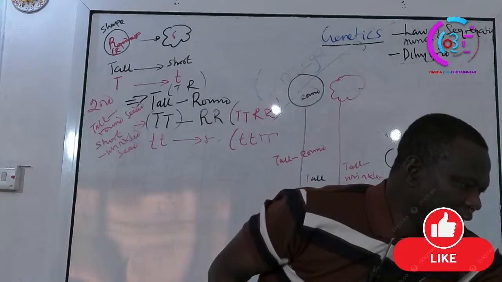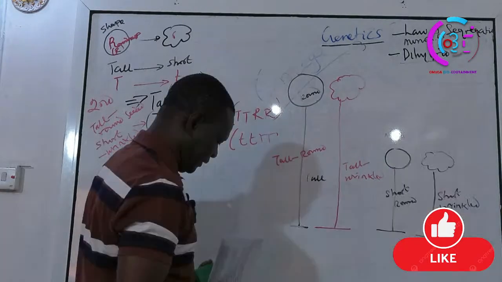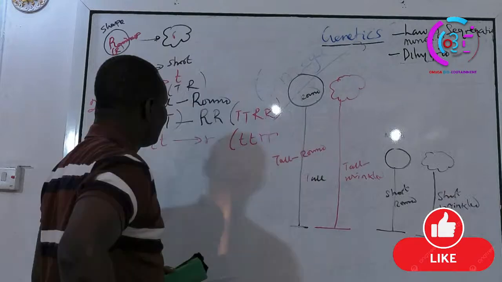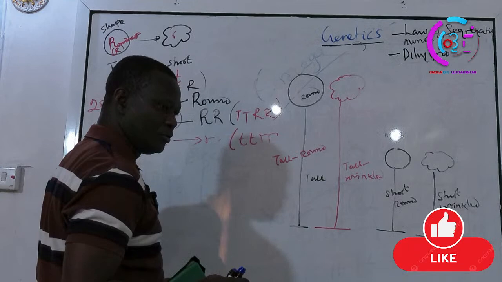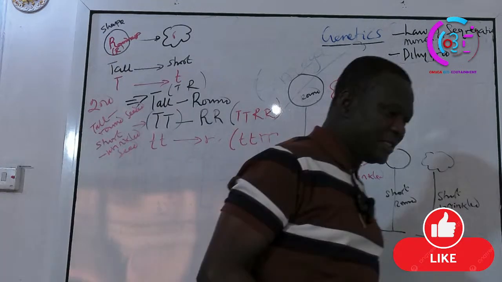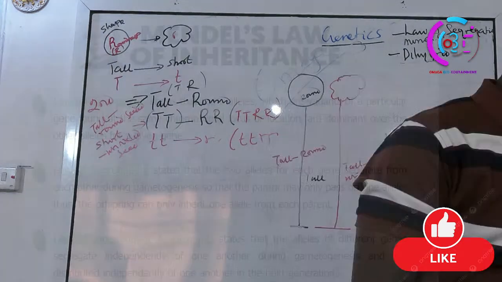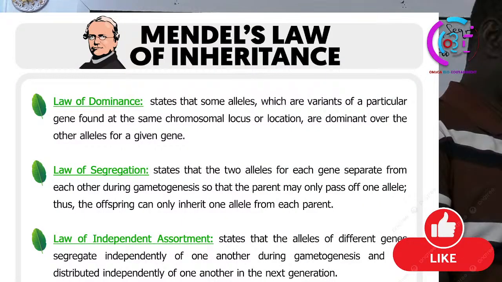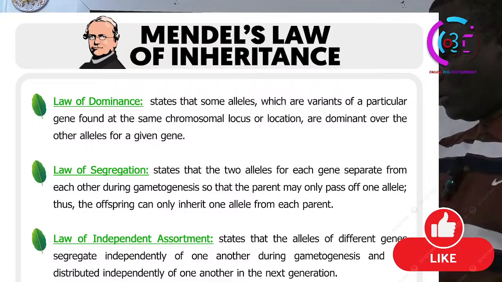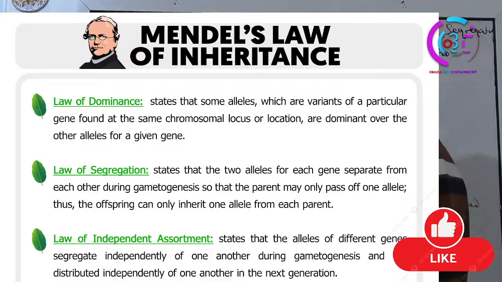In furtherance of this, let us now see how we can make use of genetic examples to be able to verify the second law of Mendel. So let's assume that, don't forget that genetics is just like mathematics sometimes.